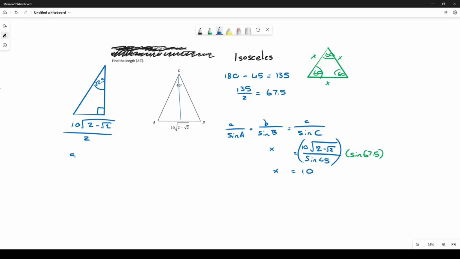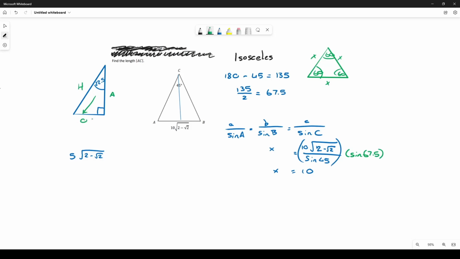And if you put that in your calculator, it just turns into 5 root 2 minus root 2. So that goes away. And then you can just do SOHCAHTOA stuff again, because you'll notice you have one side, the base being this length, and you have an angle here. So if you were to label it, this would be h because it's across from the right angle. This is the opposite. This is the adjacent.